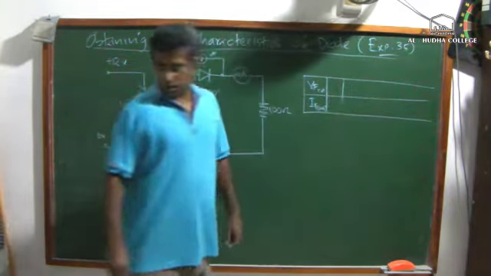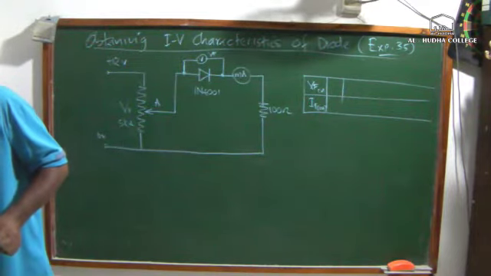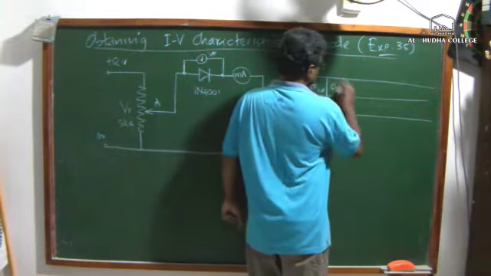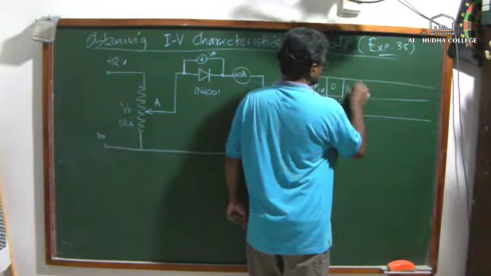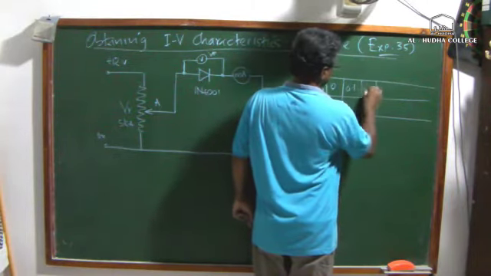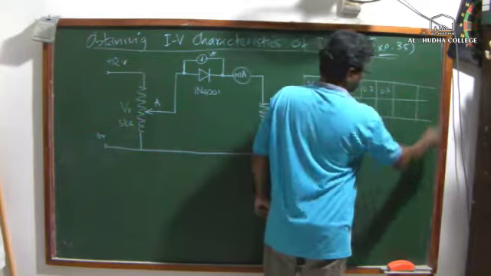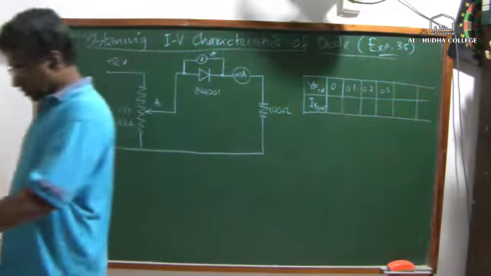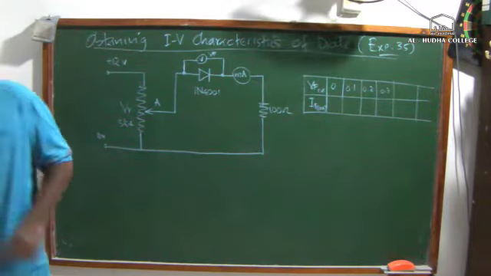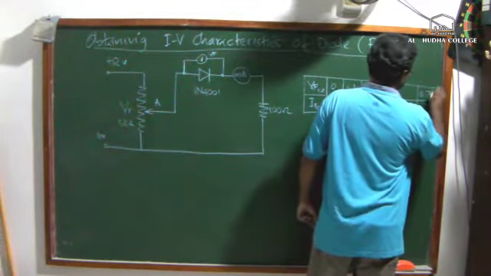So they ask you to start with 0 and then go in the step of 0.1 volts, right? 0.2, 0.3 and so on. So you can go up to say 0.725 volts is given there, right?